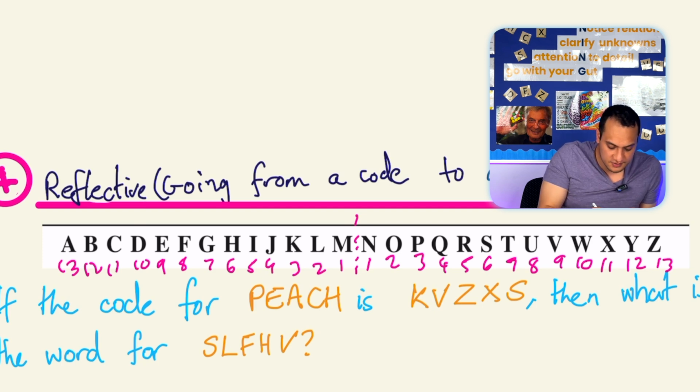And then on our other side, it corresponds to K. So that seems to correspond. Our next letter is E. So E is our 9th position, and that corresponds to the V over here. And the next letter is A. We know that corresponds to Z. So 13th position and 13th position.